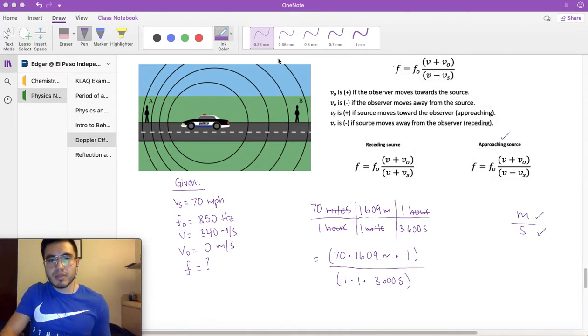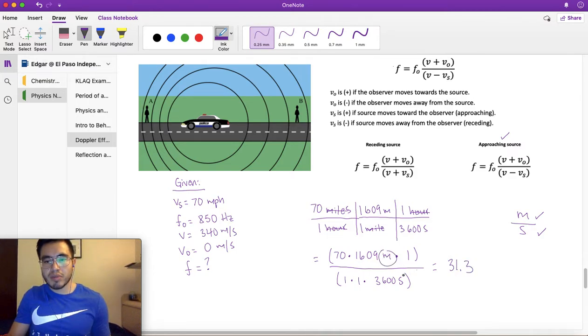So this is equal to 31.3, and then we have the units, which are meters per second. So we extend our given by adding this number to the velocity of the source.